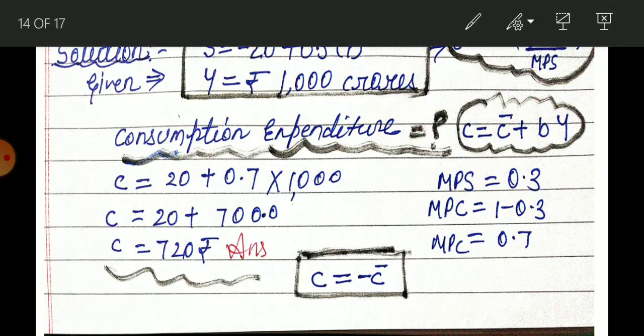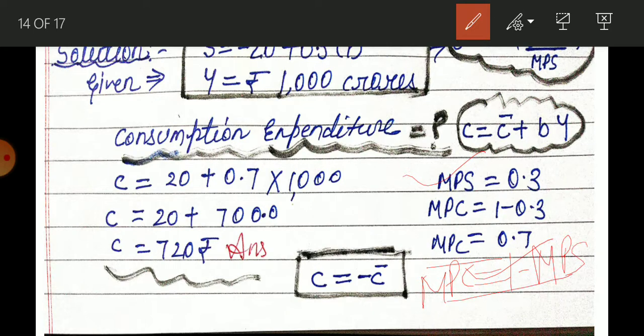Okay, let us understand it. So here I had calculated the value of MPC. Okay, and what is the equation? MPC is equal to 1 minus MPS. So this equation has been used here.